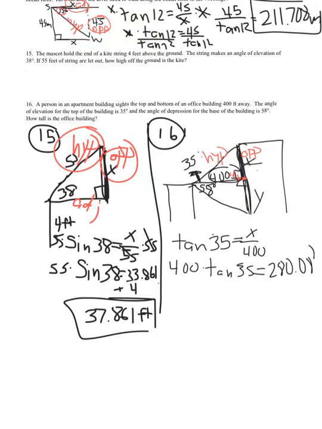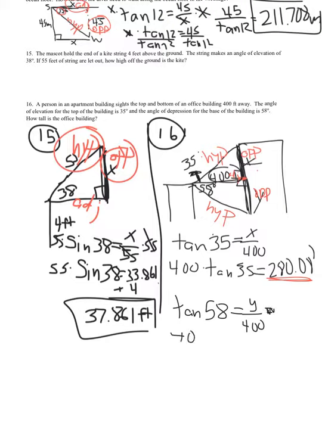And then on the bottom triangle, you have opposite, hypotenuse, and that 400 is still adjacent. So it's the same setup. It's tangent 58. This time our opposite is y, adjacent still 400.